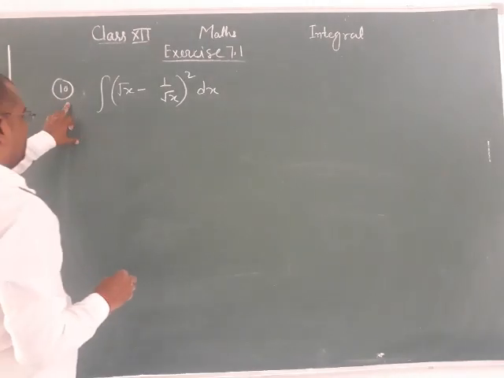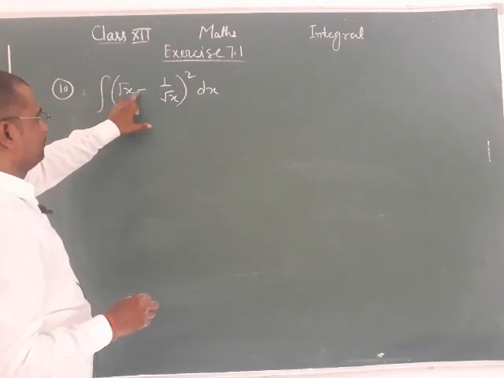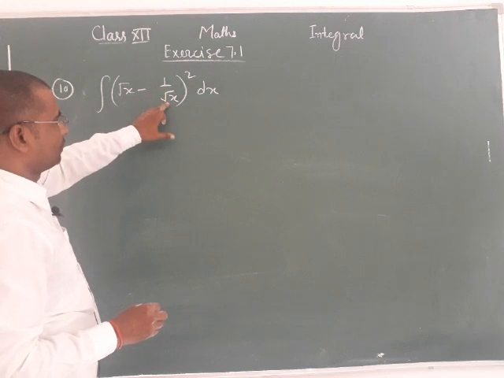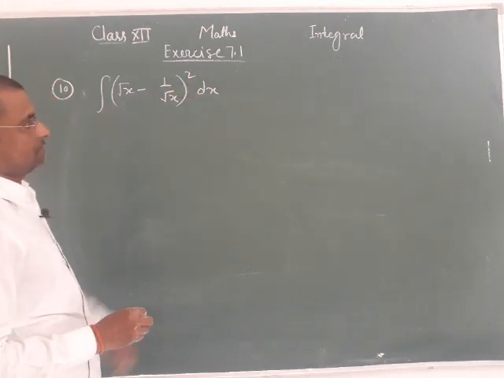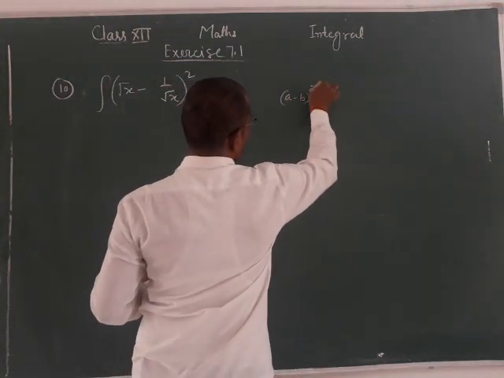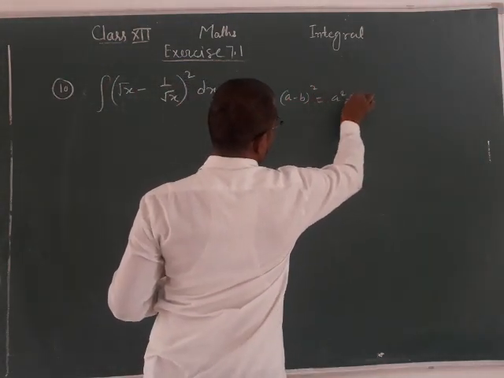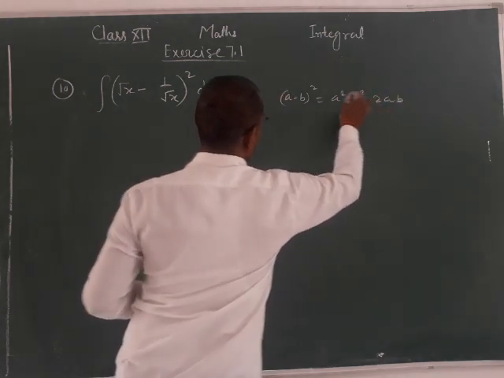And question number 10, integration of (root x minus 1 upon root x) whole square dx. So we know that (a minus b) whole square is a^2 plus b^2 minus 2ab.